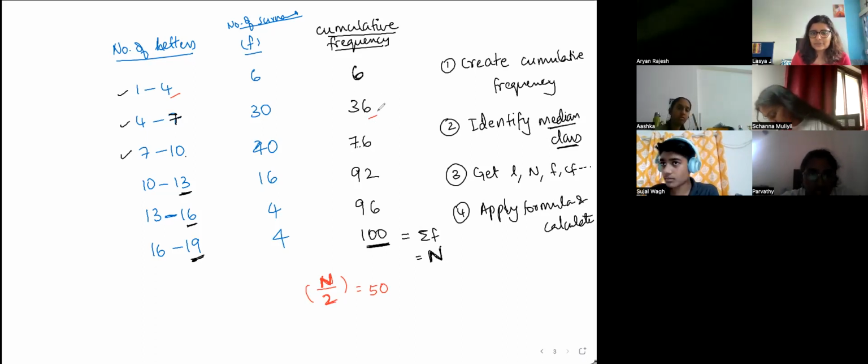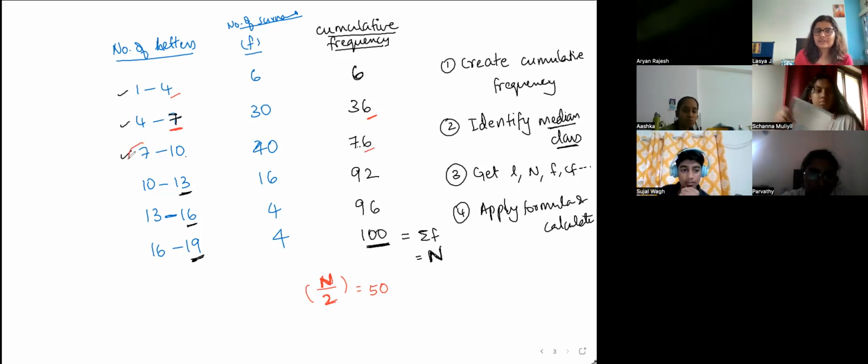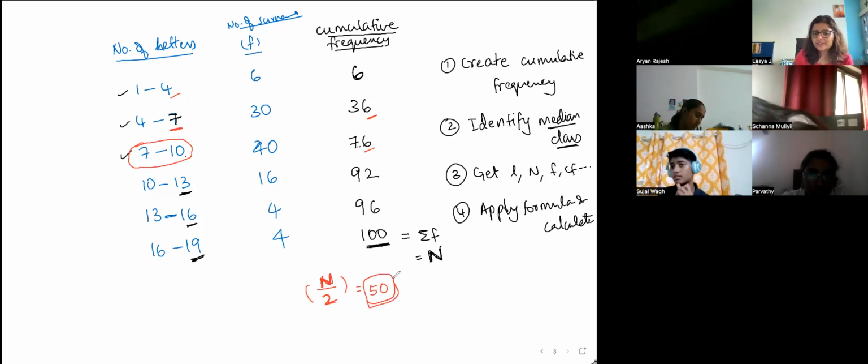Like number 36 till here is done. You got 36 till 7. After that the next 40 of them, so 37th, 38th, 39th, up to number 76 are found between 7 to 10, which means observation number 50 also is between 7 to 10, right? So this would be the median class.